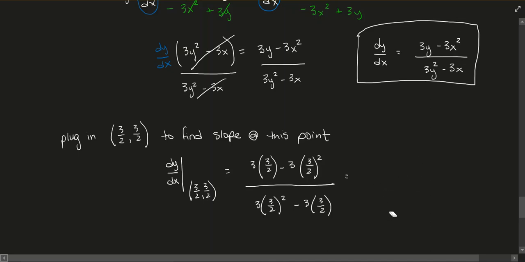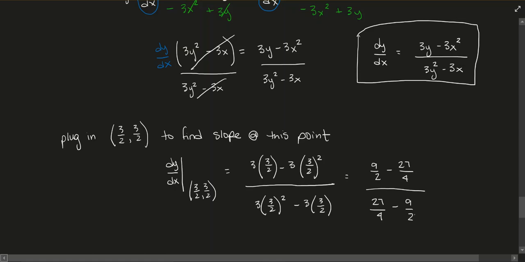Forgot to square my denominator. So if we multiply this out, we get 9/2 minus 27/4 divided by 27/4 minus 9/2.